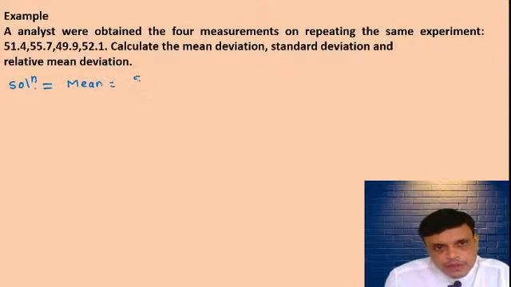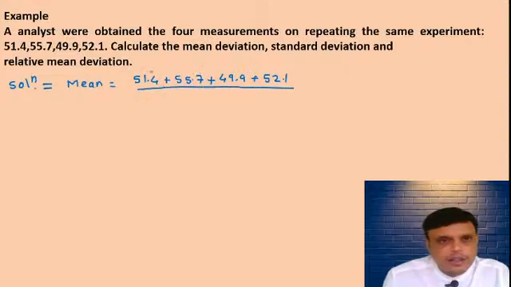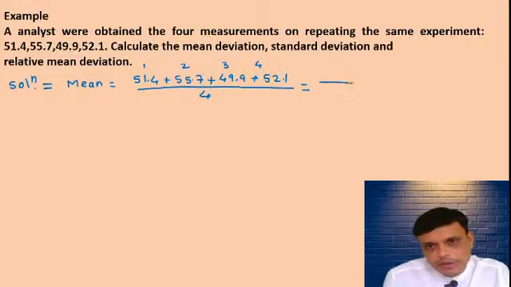You have to add all these 4 values, 51.4 plus 55.7 plus 49.9 plus 52.1, divided by how many sets are there? 1, 2, 3, 4 sets are there. So divided by 4. So add these values and tell me.